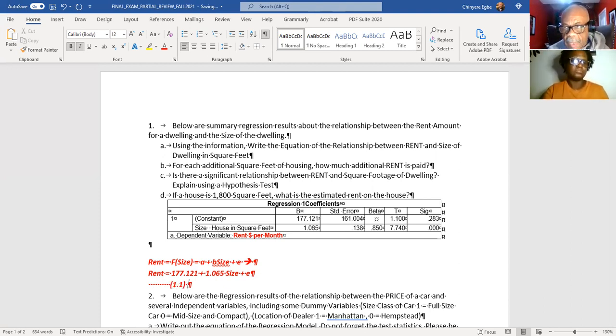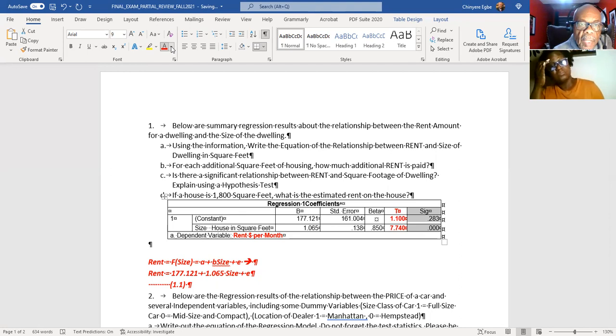That is the calculated t-value. So these are the calculated z or t-values. These are the p-values.